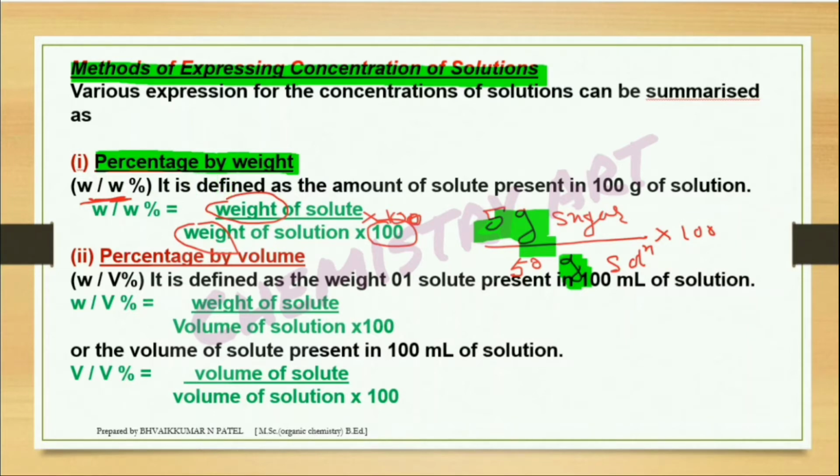Now suppose we change the weight of the solution into the volume of the solution. See here, volume of the solution. Then it will become percentage by volume, W by V. It is defined as the weight of solute present in 100 ml of solution.